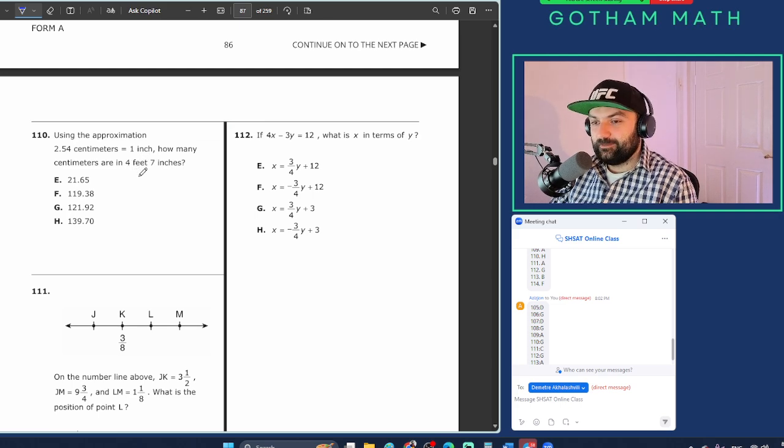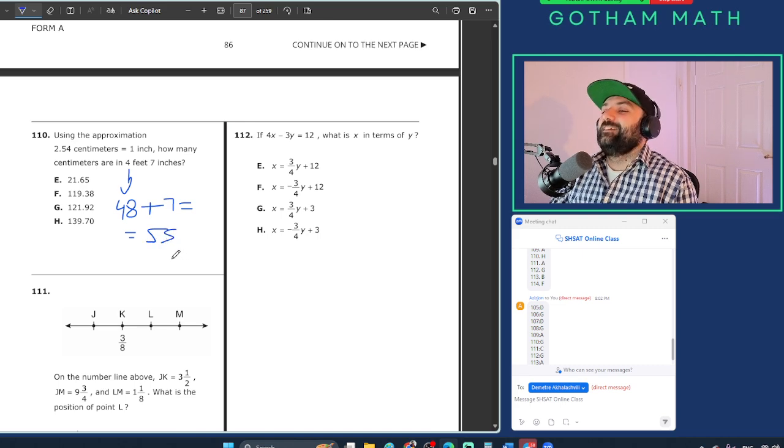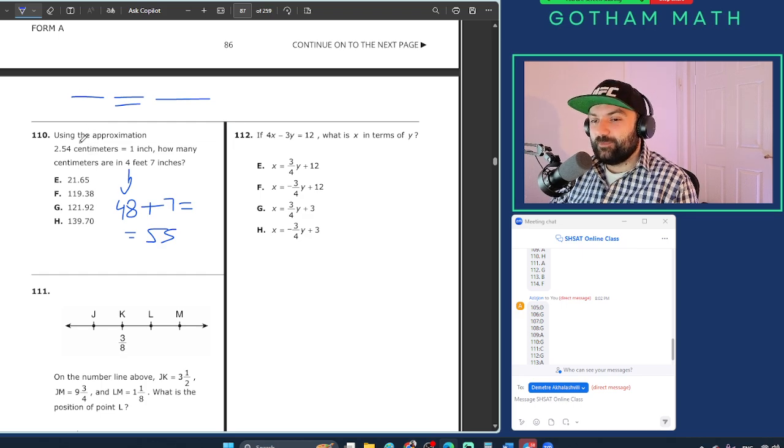What you should do instead is 12 times 4, obviously, and then plus 7, and then you have to divide it by 2.54, I'm pretty sure. No, you have to make a proportion. I think you're going to have to multiply, but who knows? Maybe we have to divide. But you can make a proportion. You can say 2.5 centimeters equals 1 inch, right? Then how many centimeters will equal 55 inches?